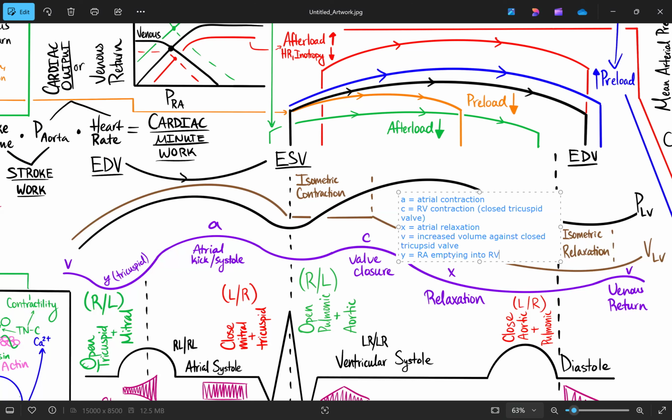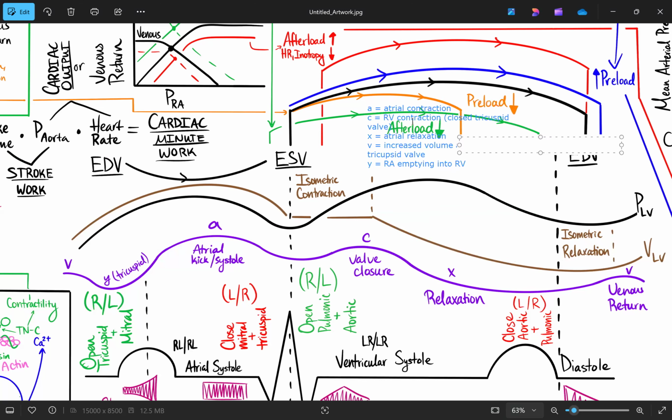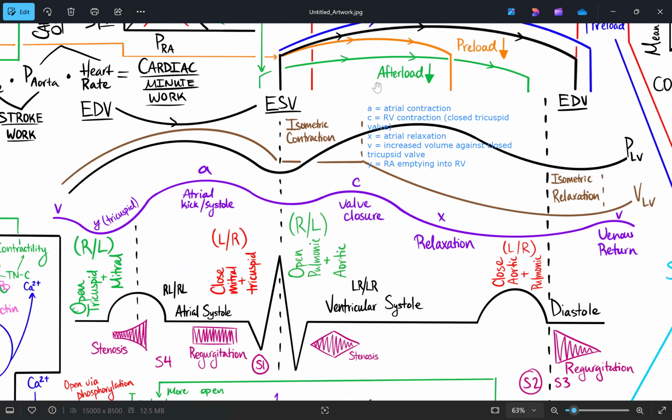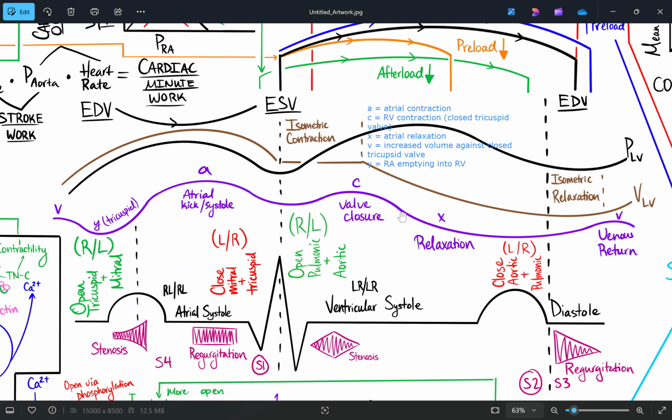And so then when you have your relaxation, that's pretty much after your left ventricle has finished contracting. And as you can see, that left ventricular volume drops, as well as that pressure rises up and then starts to drop. And then once that happens, the diastole starts.